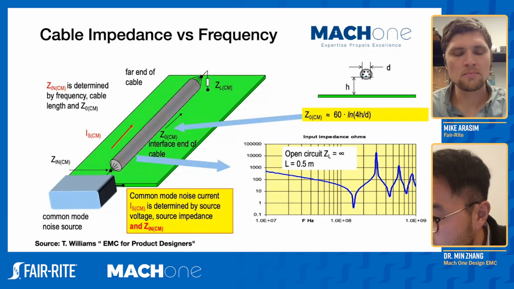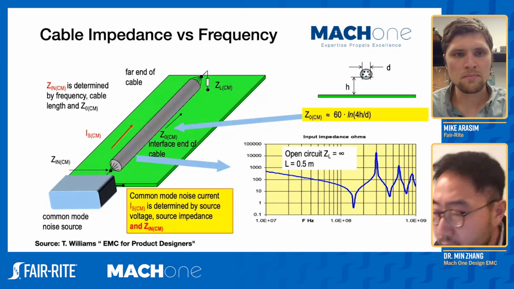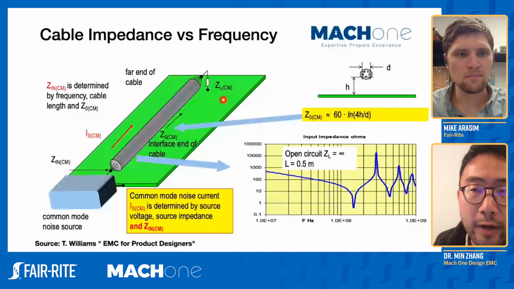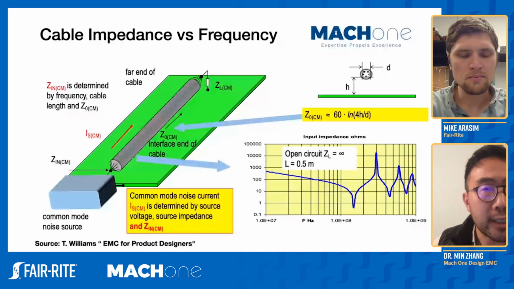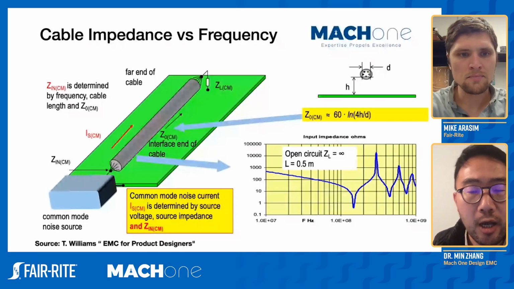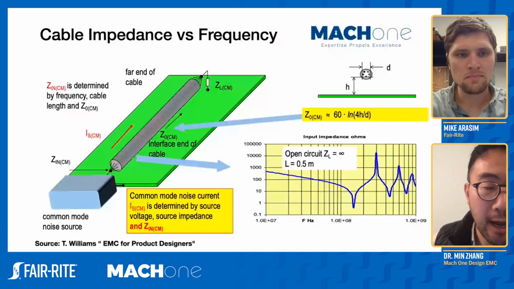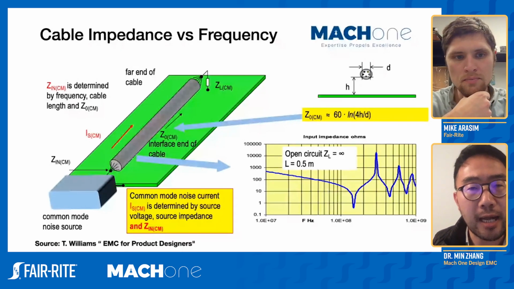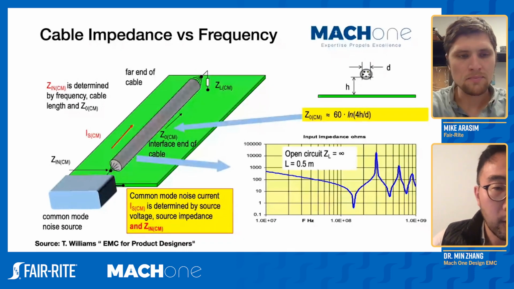For example, in this case, the ZL represents the load termination, and it is a common mode connection. If it is connected to a very large metallic equipment, we often treat this connection as a low impedance. But if it's connected to a small plastic component, we often treat it as a high impedance. So again, we have these uncertainties: we don't know the impedance on both sides of a cable connection.